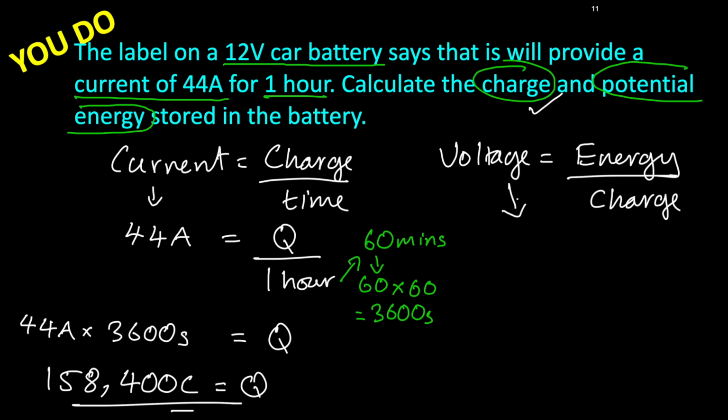My value for voltage is 12 volts. Energy is unknown, I'm going to leave that as E. And my charge is 158,400 coulombs. Now, in order to find energy, I'm going to multiply both sides by 158,400. Remember, we calculated charge here, and I'm simply using that same value for charge here, because the charge remains the same.